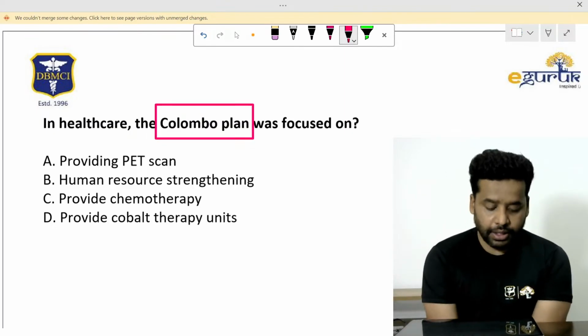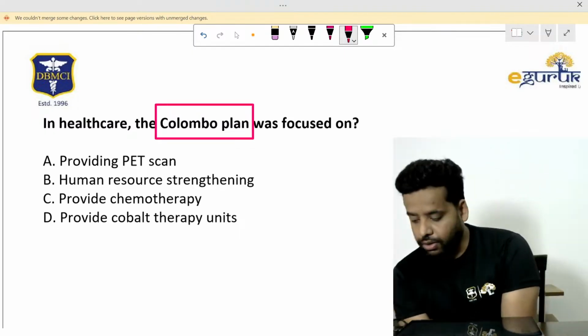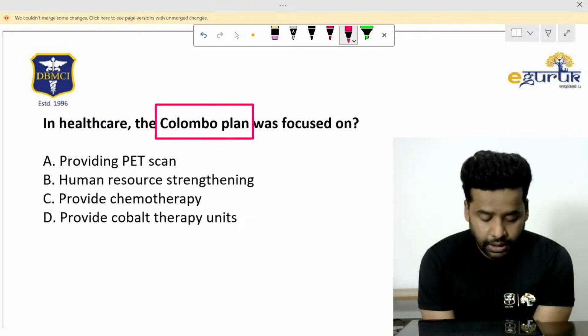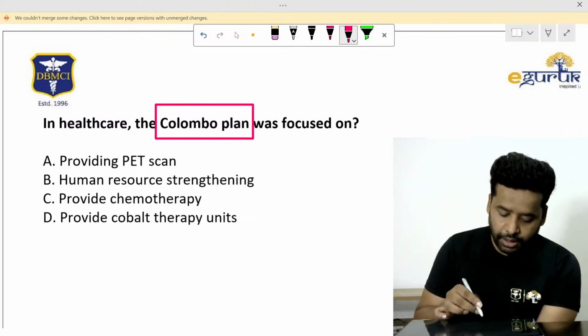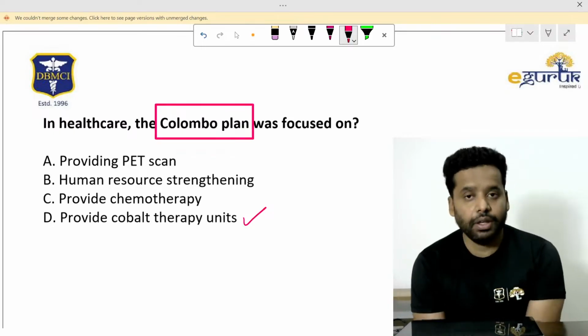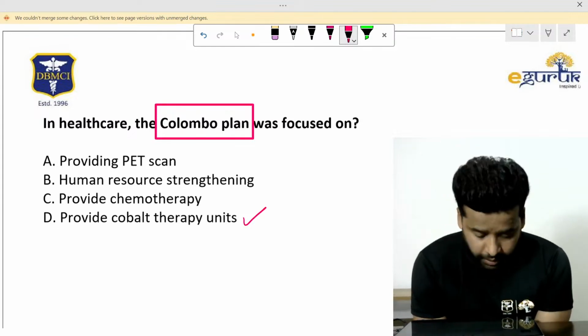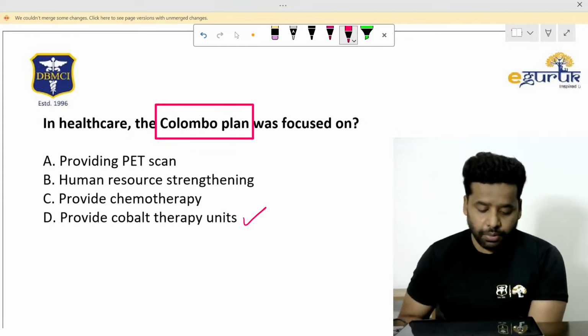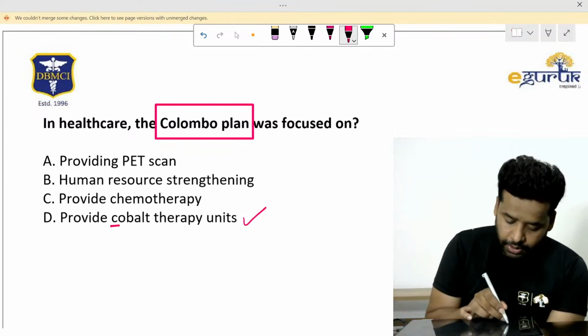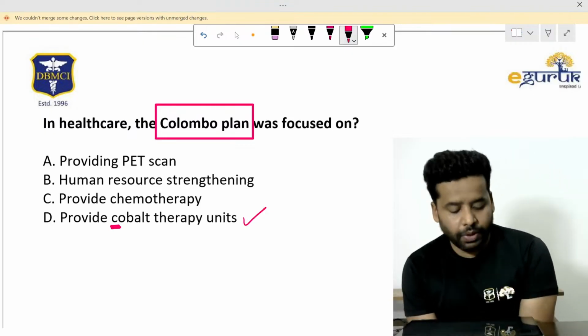Because we are doctors, the question was in healthcare, the Colombo plan was focused on. So what was Colombo plan related to? It was donating or giving cobalt therapy units for AIIMS hospitals. Initially, it will help in radiotherapy. C for Colombo plan, C for cobalt therapy units. Who provided CTUs?